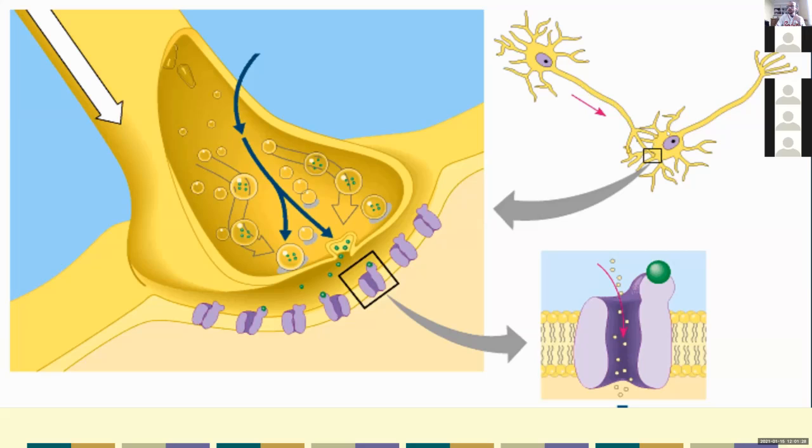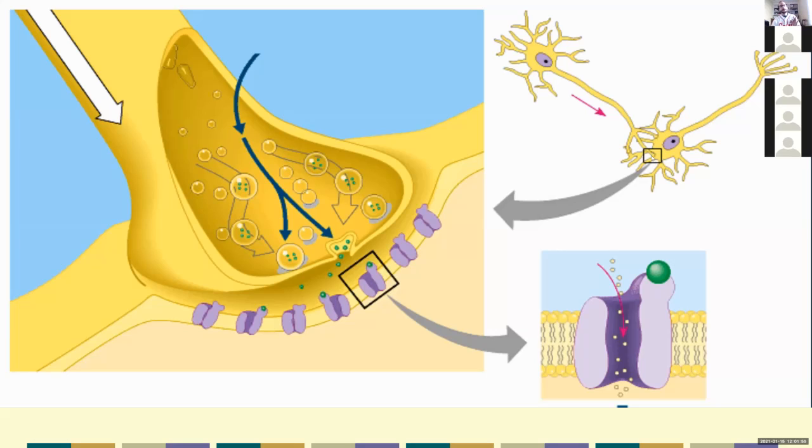Or if you know what happens when this neuron stimulates that neuron in the brain, and I'm being very, very kind of general because we look at the brain as like many cells are communicating at the same time, but let's just try to simplify it to one cell at a time. If you know what this neuron does to this neuron, you can control it by controlling the neurotransmitter.